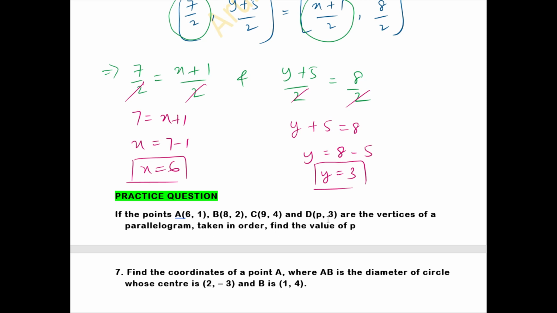You should find the point P, where the points are the vertices of a parallelogram taken in order. We find the value of P by using the same concept: the diagonals of a parallelogram bisect each other.